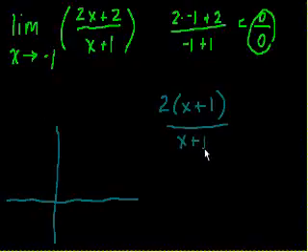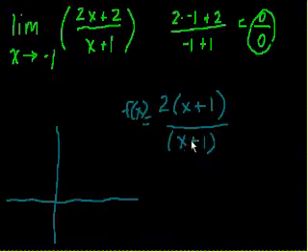x plus 1. So as long as this expression and this expression don't equal 0, it actually turns out that this function, let's say that this is f of x, right? Well, for every value other than x equal to -1, you could actually cancel this and this out.